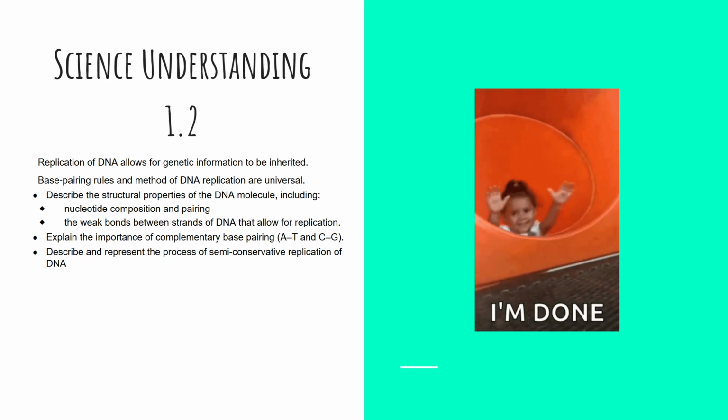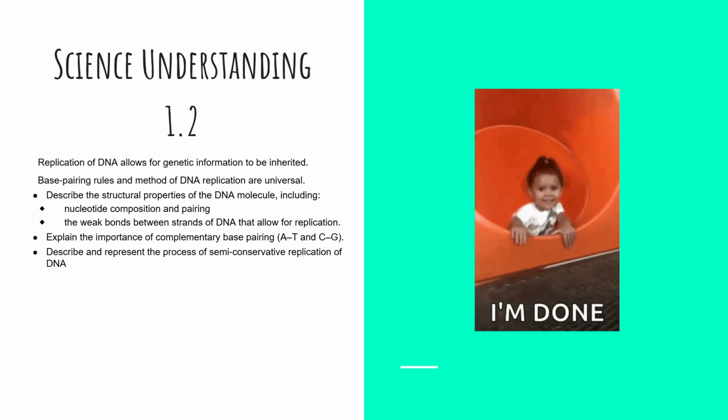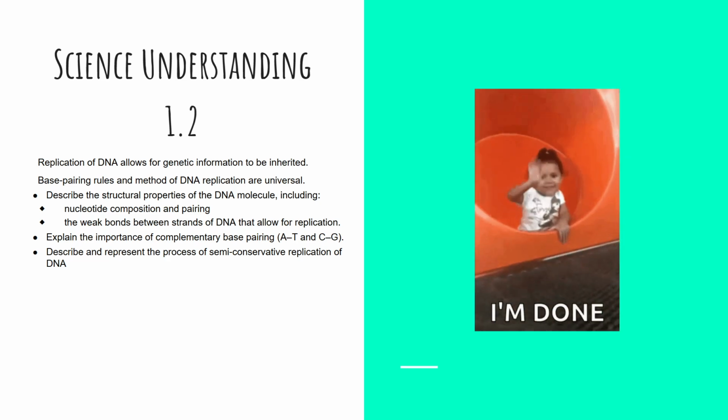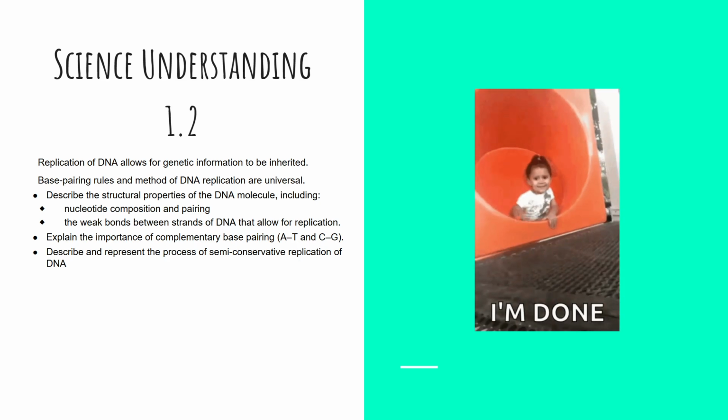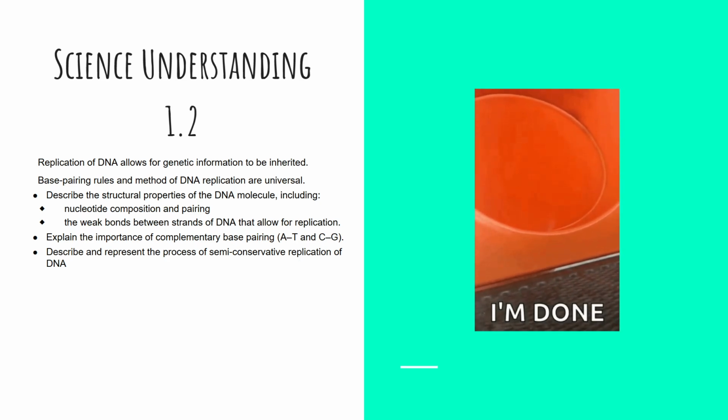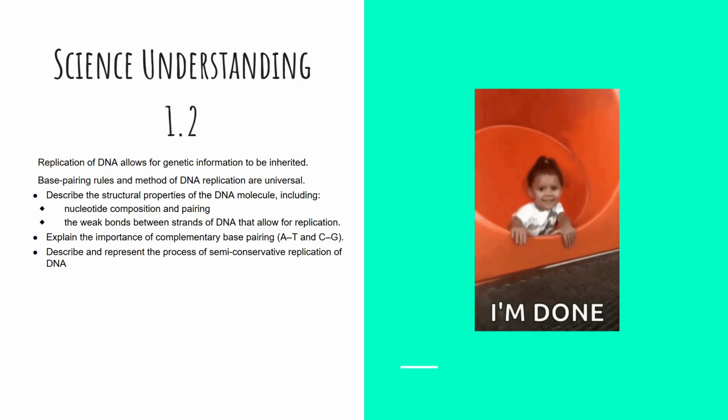And we can explain the importance of complementary base pairing. If it wasn't complementary base pairing, we would not get these perfect daughter strands. And we know why it is called semi-conservative, because one strand will be from the parent and one is the newly formed daughter strand, giving us two new daughter DNA strands.